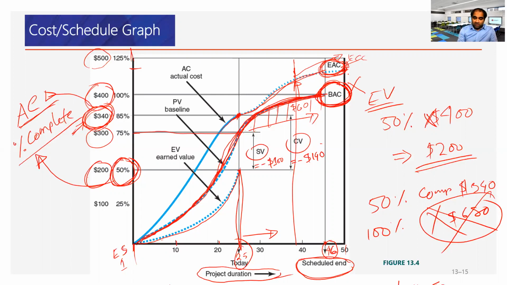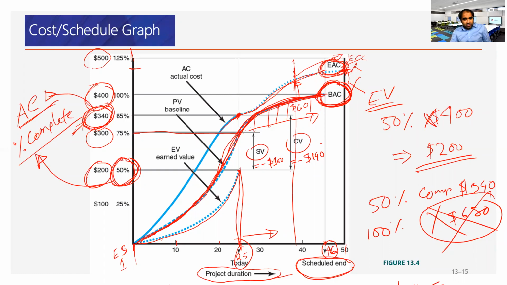Now we need another BAC, which, to distinguish from the original BAC, we call EAC, estimated cost at completion. This can fail again after 75%. We'll check the earned value and actual cost, compare that to the PV baseline, and then if need be, we may need to recalculate the EAC again.